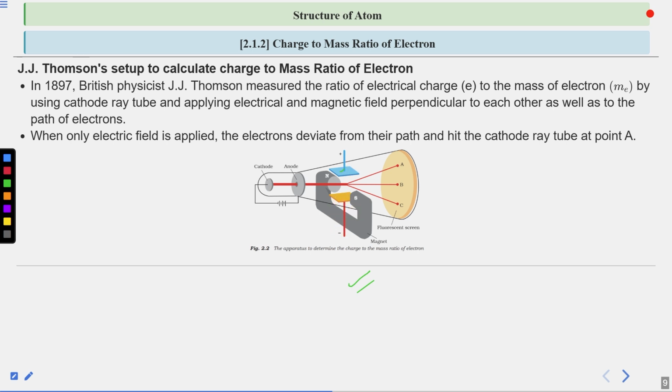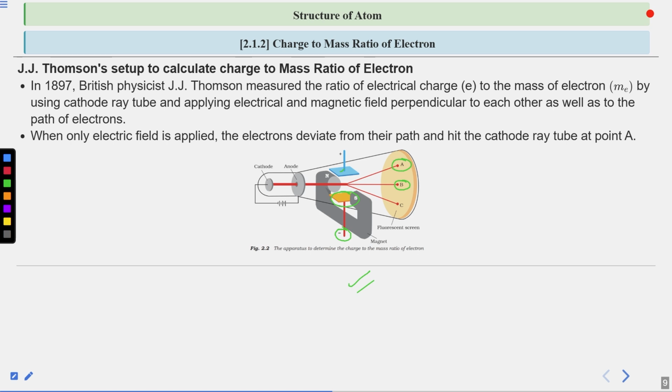If it is negatively charged, what will happen? It will move away from the negative electrode, which is this, and move towards the positive electrode, which is this. Therefore, instead of traveling through the straight line and hitting this point B, it has started to hit on point A. Any doubt in this?